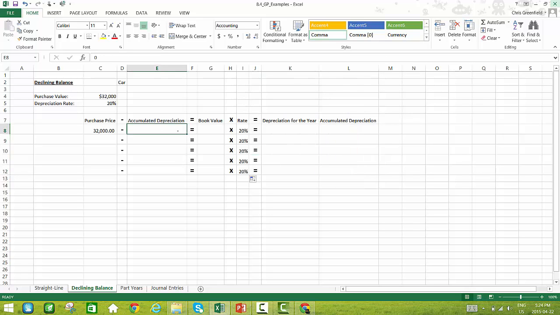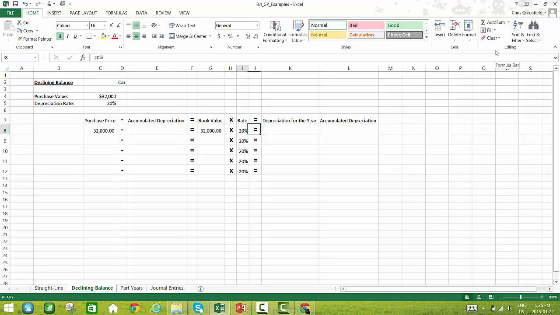As I said, in the first year we have zero accumulated depreciation, so we don't have to worry about that. Normally the step would be to take the purchase price and subtract off the accumulated depreciation. In this case there's none, so it's 32,000.